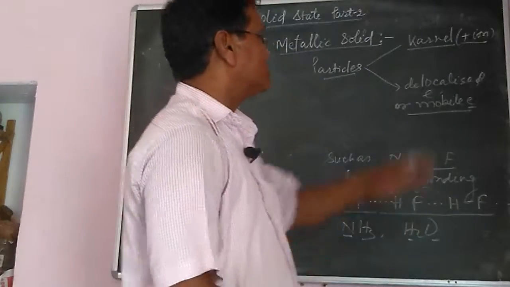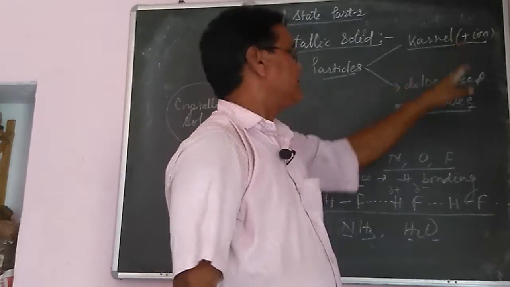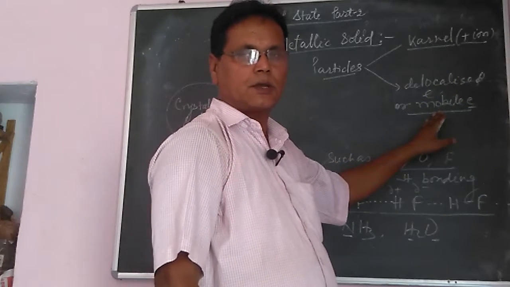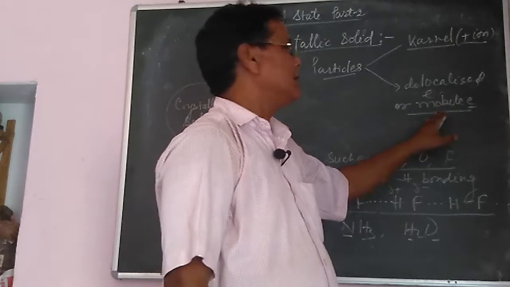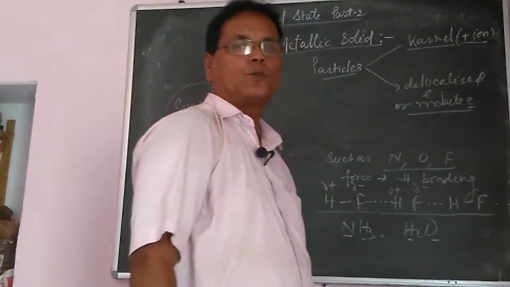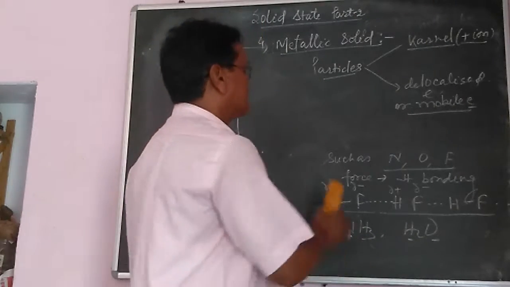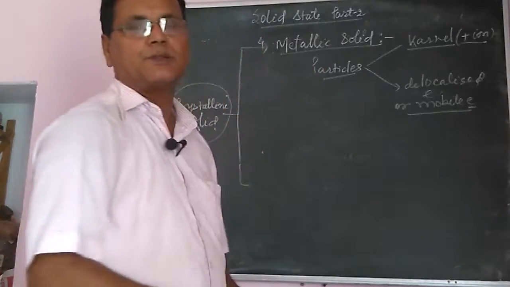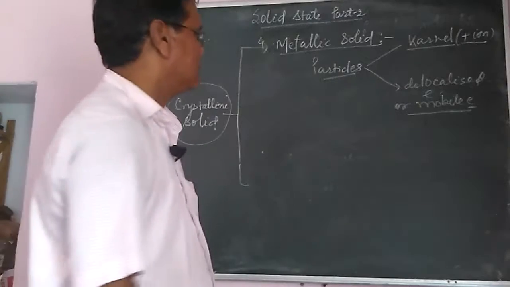So one is the positive charge, the metal ions, and the other is the delocalized electrons existing in metal, and these two attract each other. Different kernels attract the mobile electrons and join with other atoms of the metal.